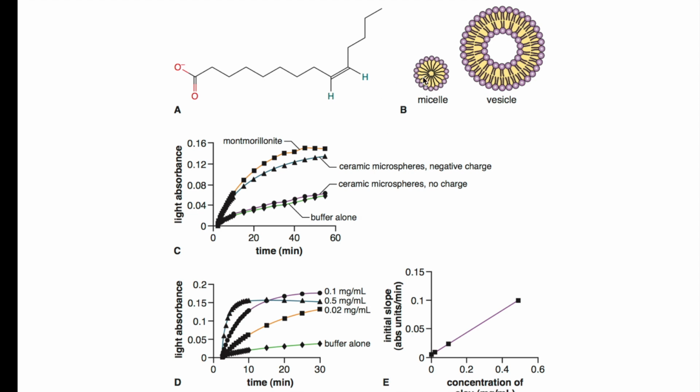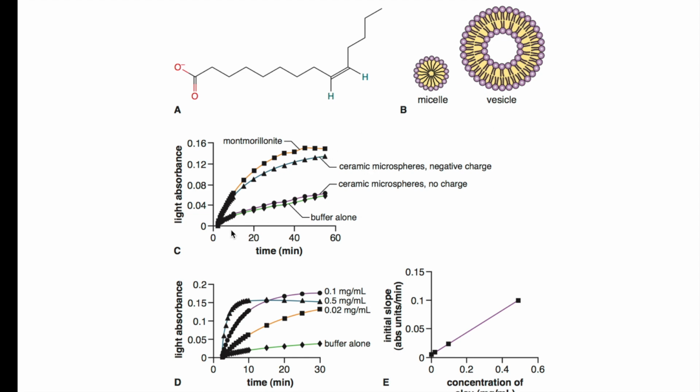Some early experiments found that clay and charged ceramic material, clay that had a negative charge on it, could act like a catalyst, in that it could cause these vesicles to form and grow faster than if there's no clay there.